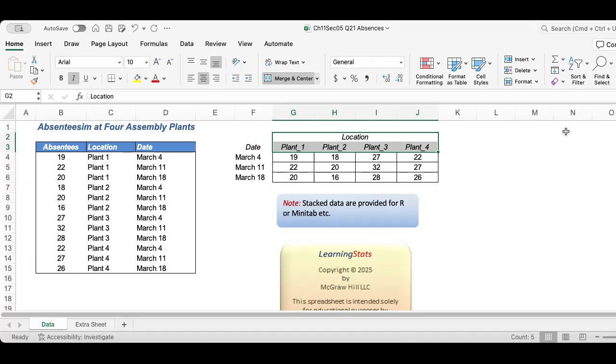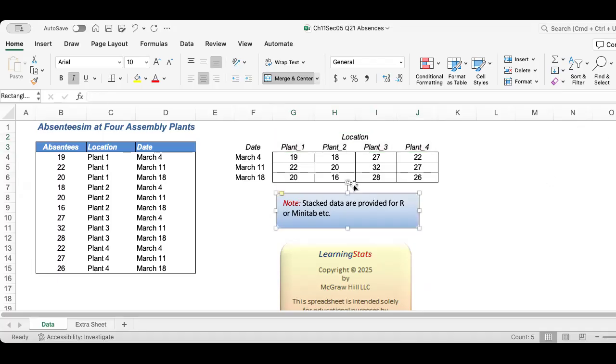More people skip out on a Friday in Greensburg, or fewer people skip out on a Friday in Delmont, I don't know. But that's what my analysis will now tell me. It'll tell me either which Friday it is matters, or which plant you're at matters, or both. These choices are independent from one another.